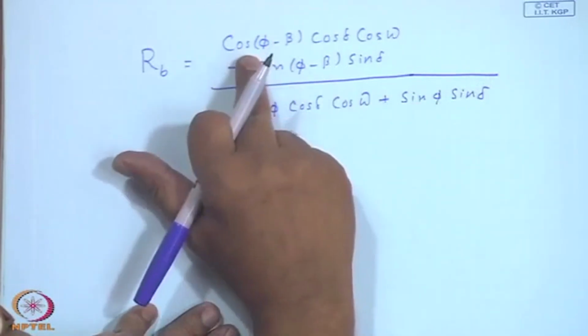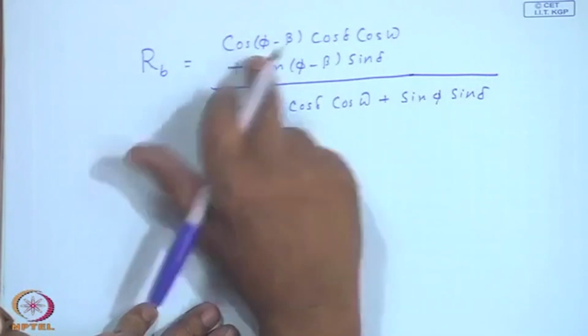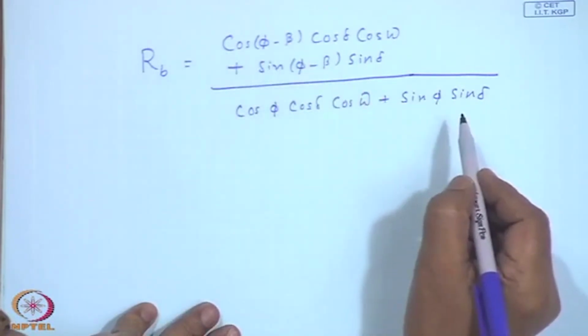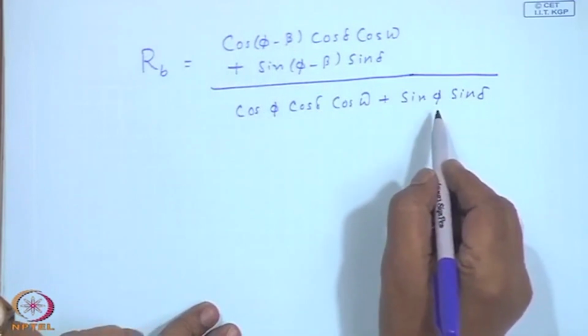This is cos theta for gamma equal to 0. So, if you put a beta equal to 0, you will get this result. So, this is RB for a south facing surface.